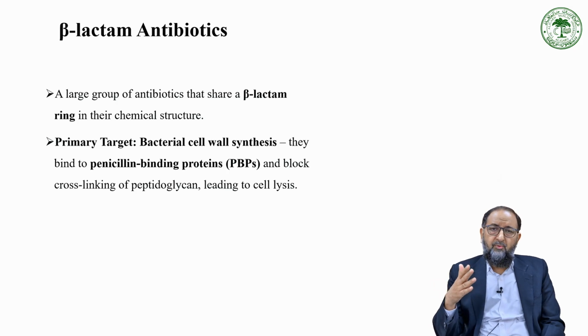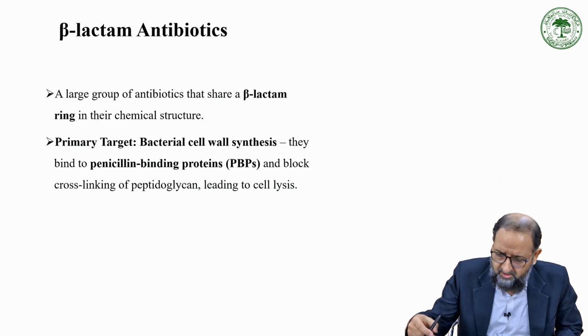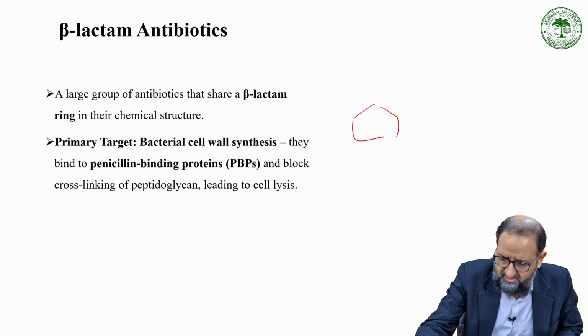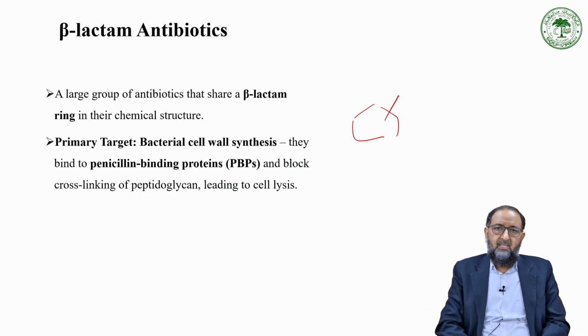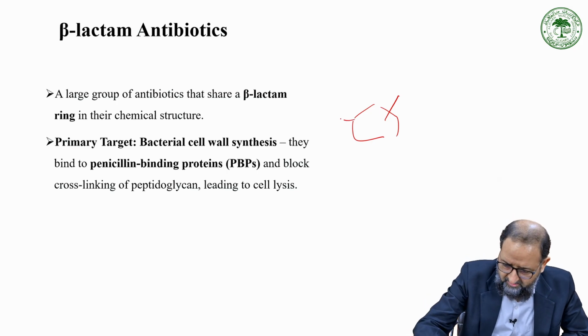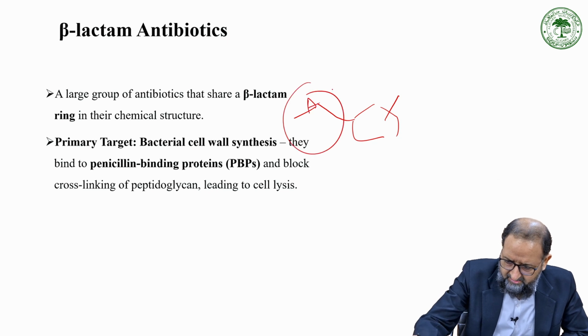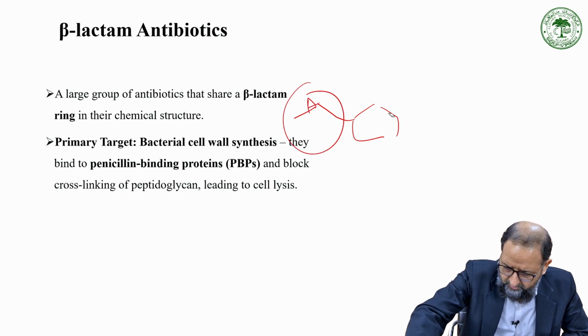So the large group of these antibiotics have ring-like structures, and this ring-like structure is blocked, is broken, and after breaking this ring, they inactivate the function of the antibiotics, whatever antibiotics are present here, right? And this ring is blocked, right?